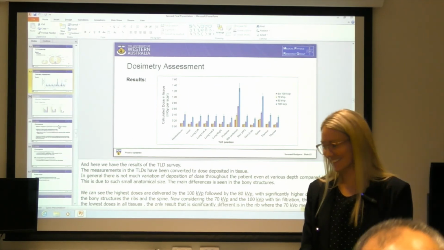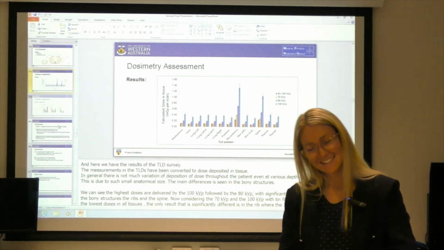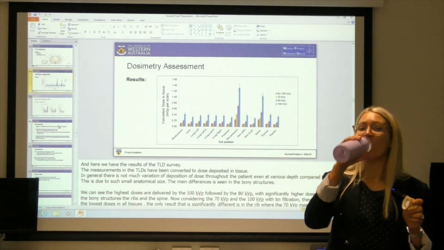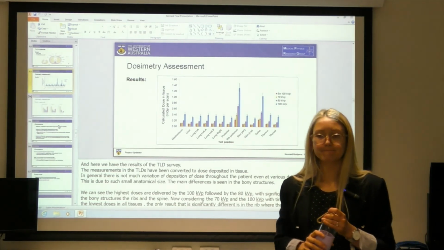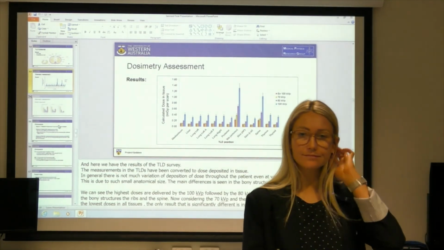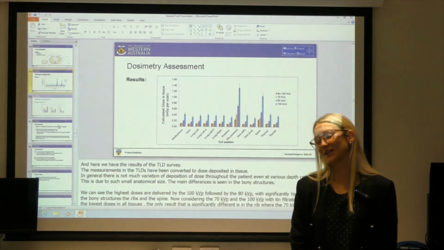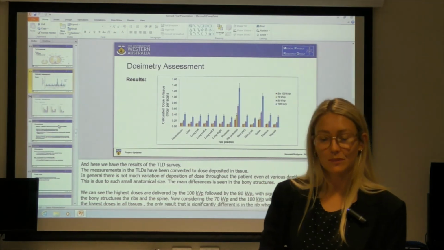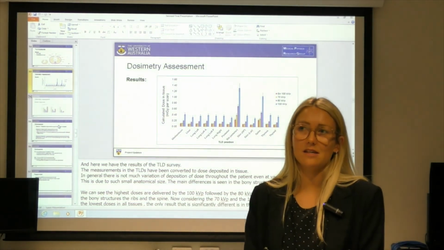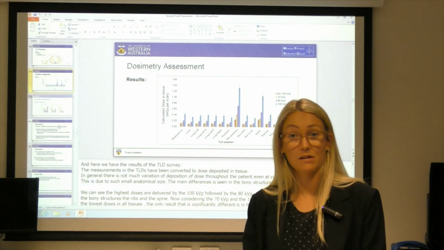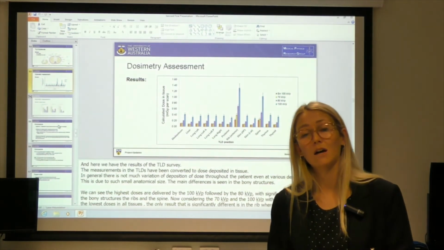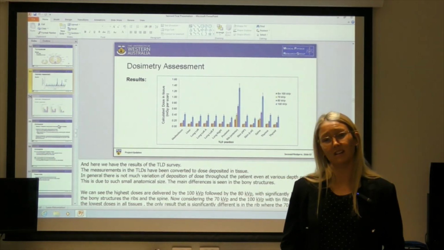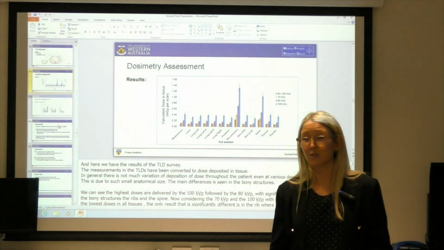Great presentation, Sinead. Thank you. Why did you opt to choose TLDs in place of other dosimetry verification methods? Consultation with my supervisors is the main answer. I wanted to gain experience using the TLDs because that's what we have access to from Royal Perth, and we also use them a fair bit in diagnostic imaging measurements that I do at work.